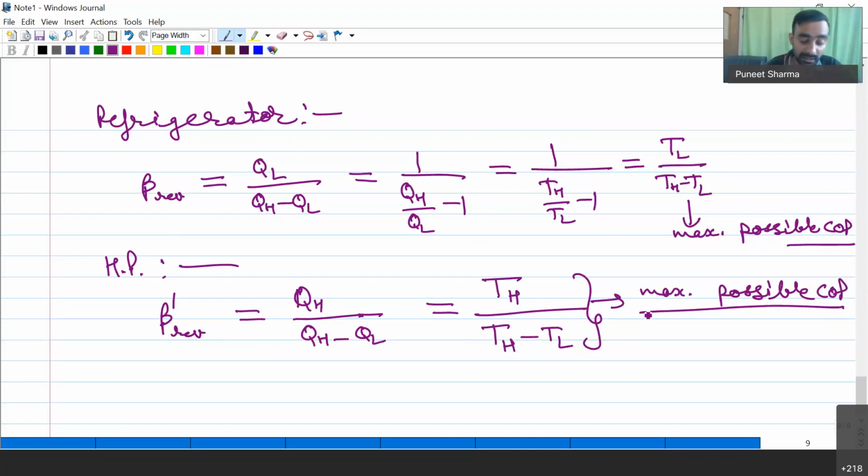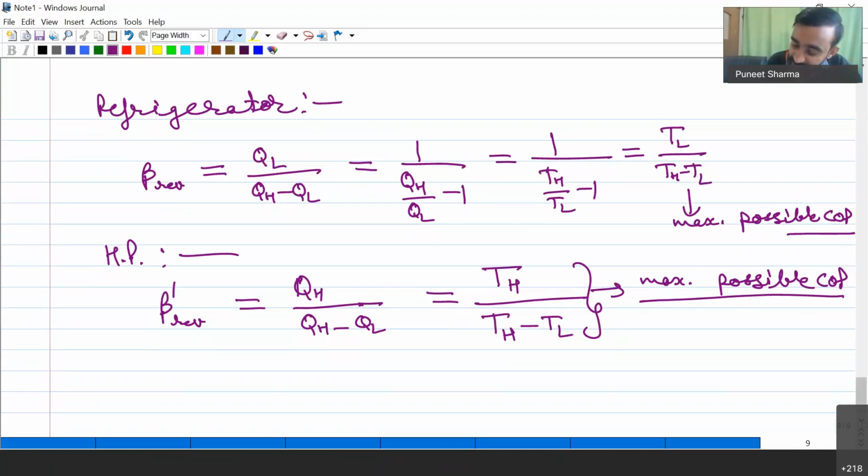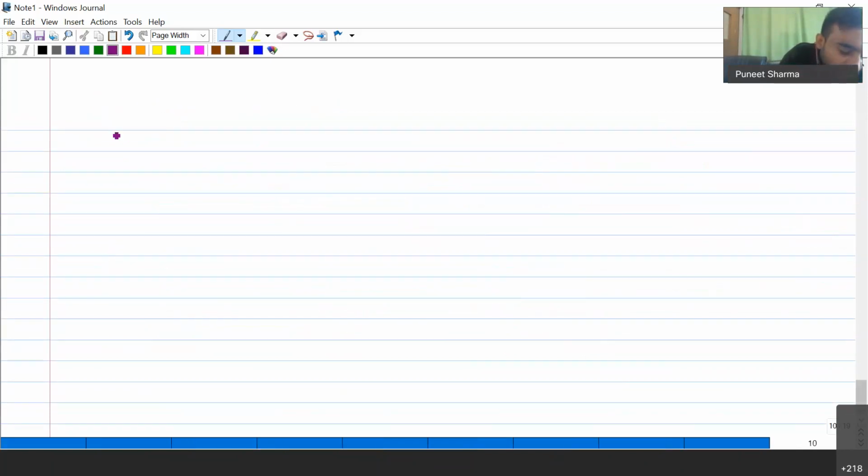Okay, so that is one very important formulation which we have got after obtaining the absolute thermodynamic temperature scale from our Carnot cycle. Now if I have to write in generalized form, I can write efficiency as equal to 1 minus Q2 by Q1.